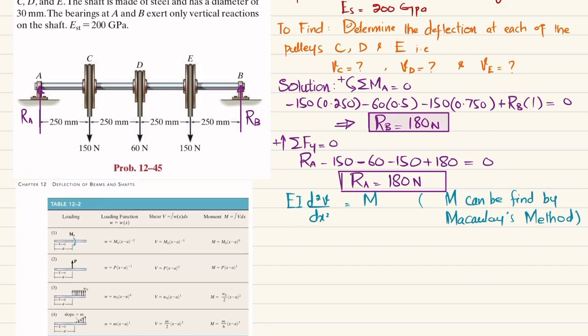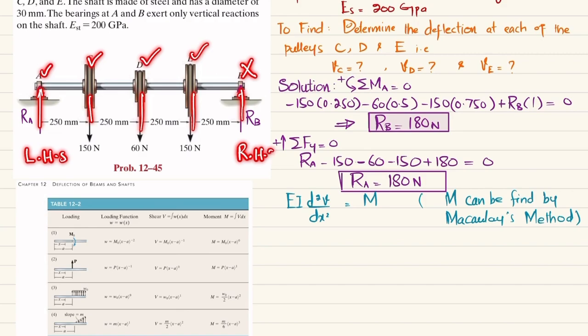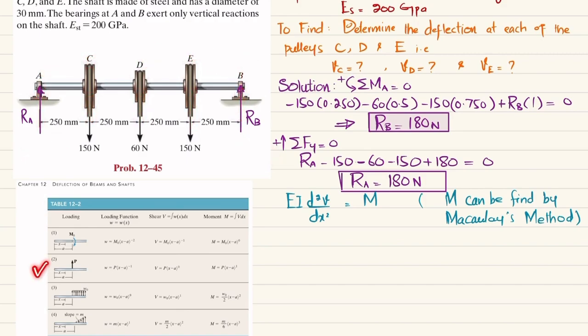You can see here all the loadings are point loads. We'll start from the left hand side and we will count each force except this one. We will ignore the right hand side. This is the loading for point loading, and the moment equation is this one.